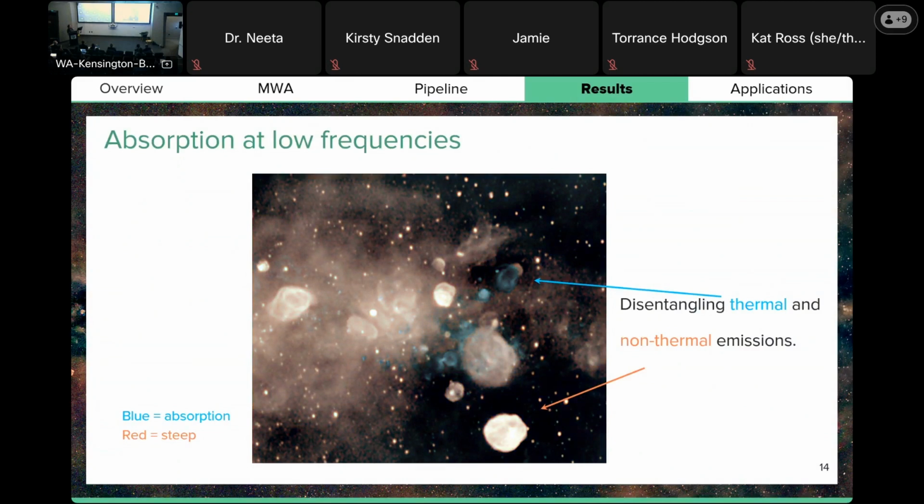One of the big advantages of this image is the fact that we can observe the sources with what we call the radio color. So overlaying the images from the 20 subchannels, we can actually distinguish bluish and reddish sources, and this is given by the emission mechanism that is dominant.